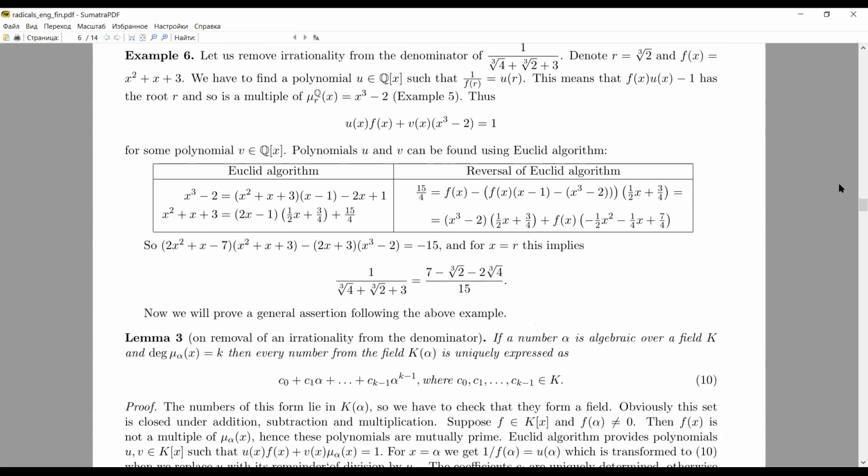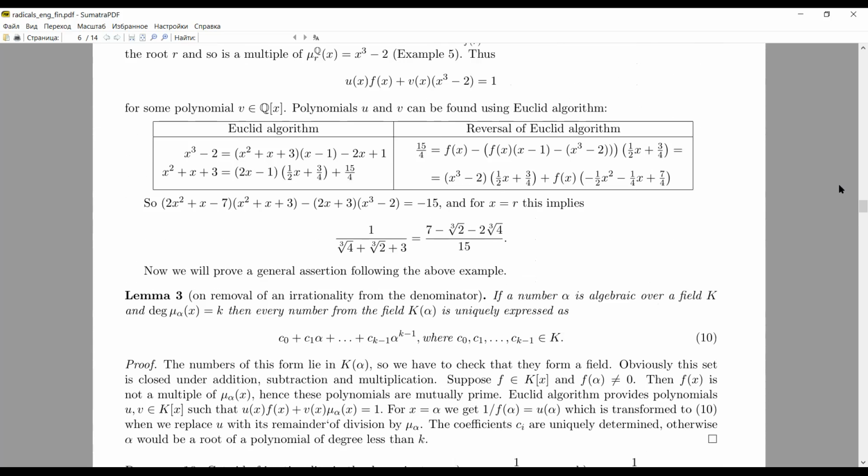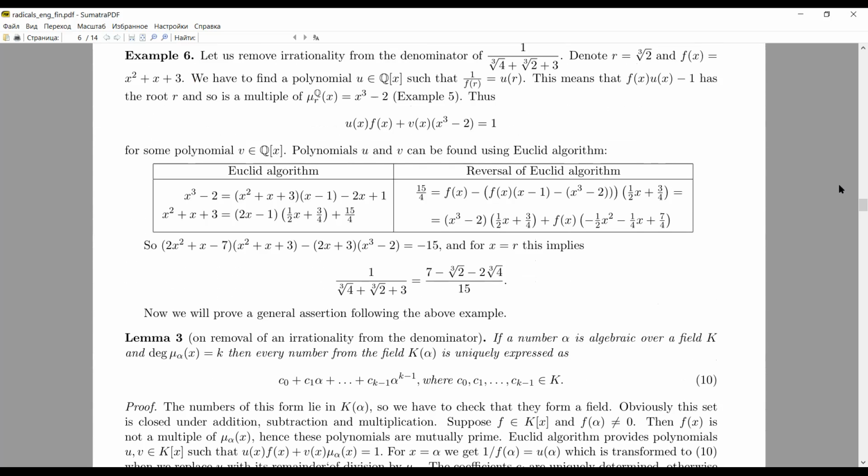Now I formulate this theorem. Yes, you see, and maybe we formulate this in geometrical terms.